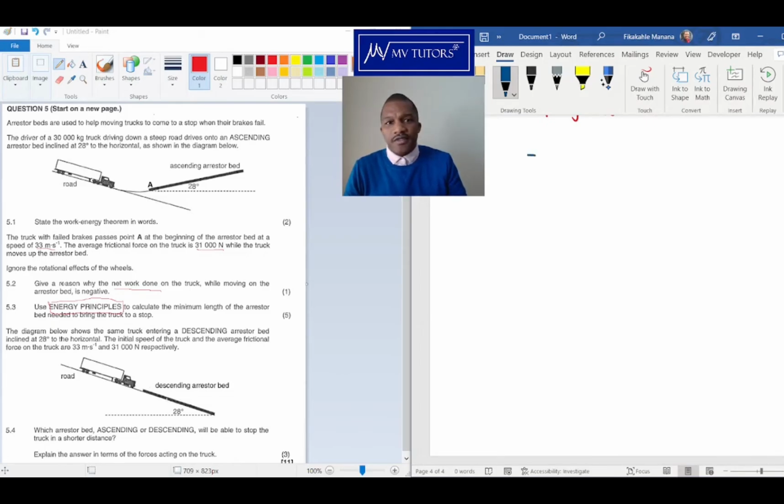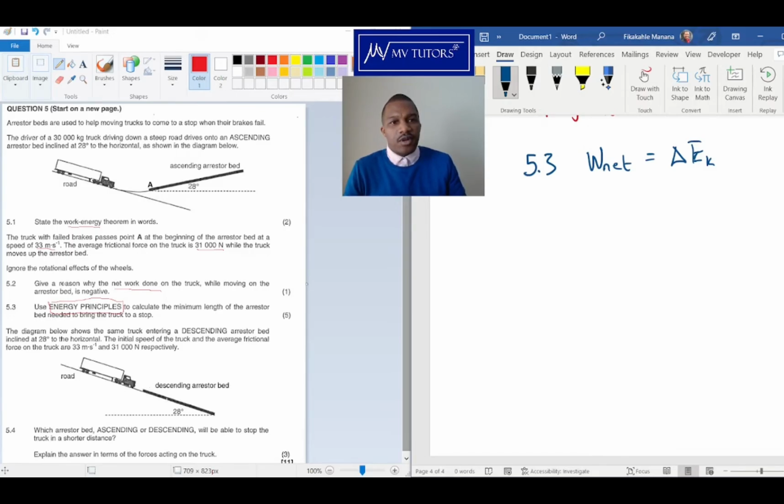This is now 5.3. So energy principles, what do we know? These questions are leading on. We have to use the work energy theorem. If you check your formula sheet, you'll find this formula that the net work is equal to the change in kinetic energy. And what is the formula for work?